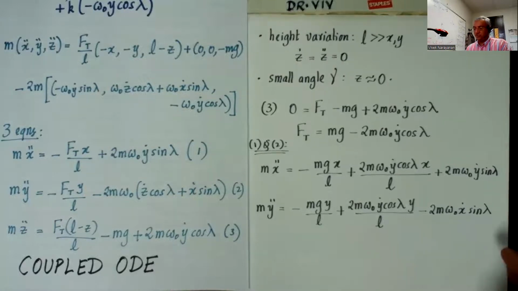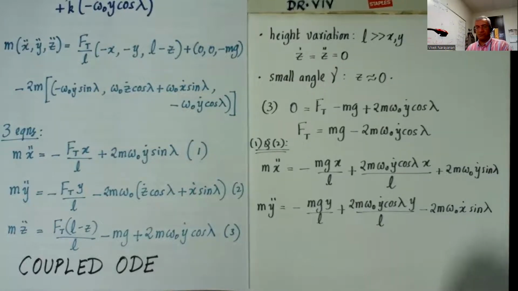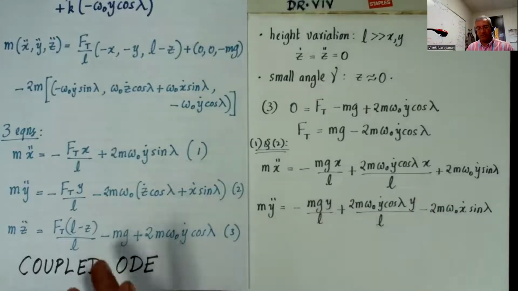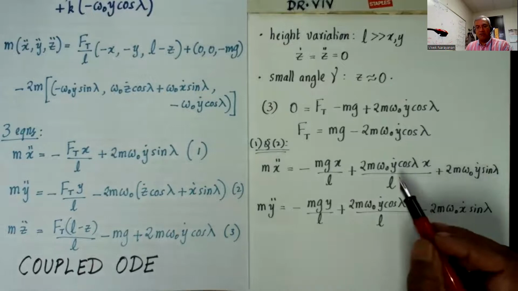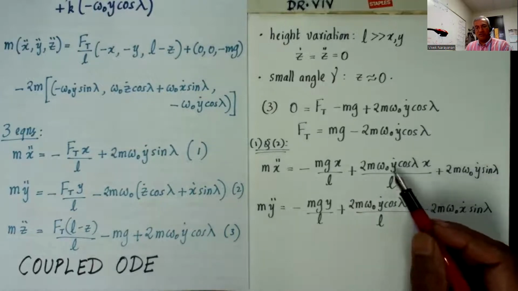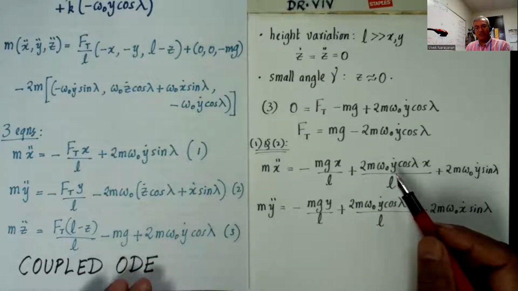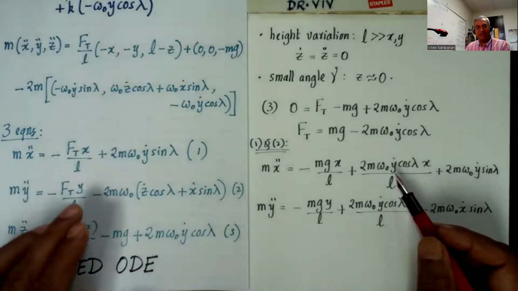So there is still stuff we can do here that makes the problem, even now, a little bit better than before. They're still coupled because x double dot has reference to y dot, but it's worse because it's a coupled ODE, but we didn't realize to what extent it was nasty because we didn't have an expression for Ft yet.